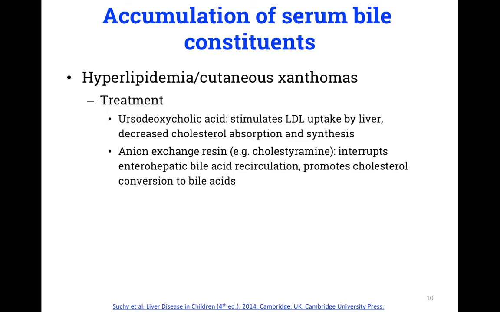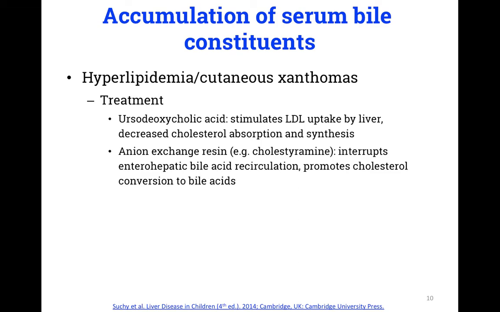The other therapy, which we talked about a bit with the treatment of pruritus, but it probably has significant evidence as well here, is cholestyramine, which is an example of an anion exchange resin. And to understand a bit better how this may work, we also have to remember that cholesterol is a precursor which is used in the synthesis of bile acids, and this medication works to bind bile acids and take them out of the circulation by promoting fecal excretion or preventing reabsorption within the small intestine, thus reducing the intrahepatic recirculation.